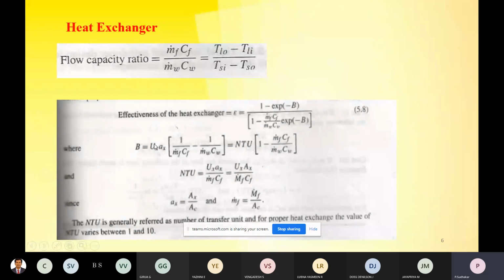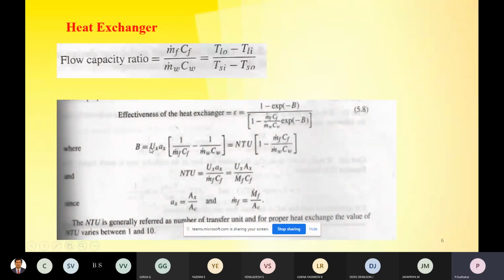Ux is the overall heat transfer coefficient of the heat exchanger. Small ax is the area of the heat exchanger by the area of the collector.